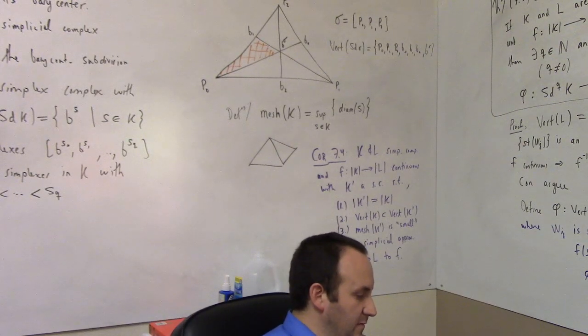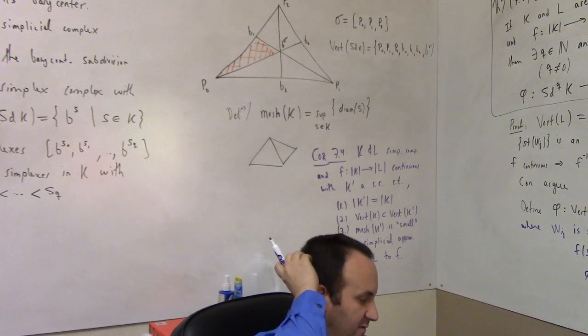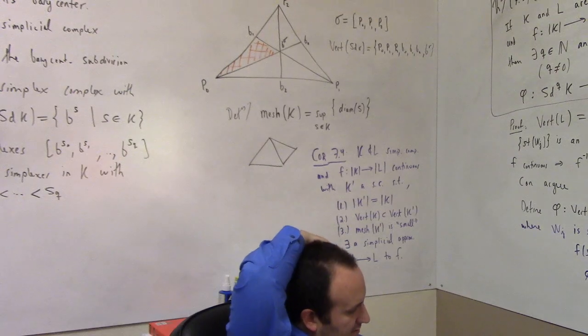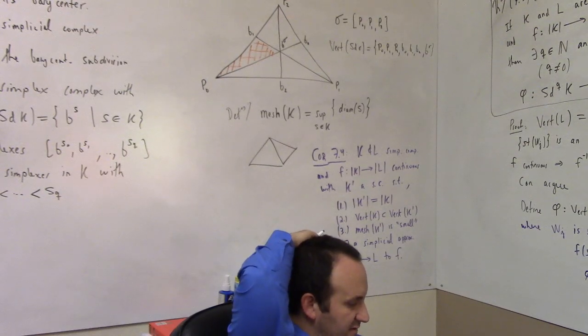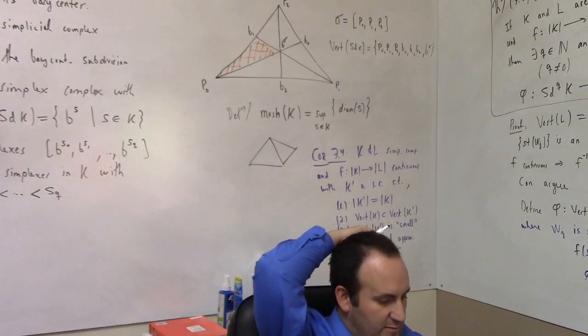For any q larger than -1, the q skeleton of K, denoted K upper q, is the subcomplex of K consisting of all simplices S in K with dimension less than or equal to q.